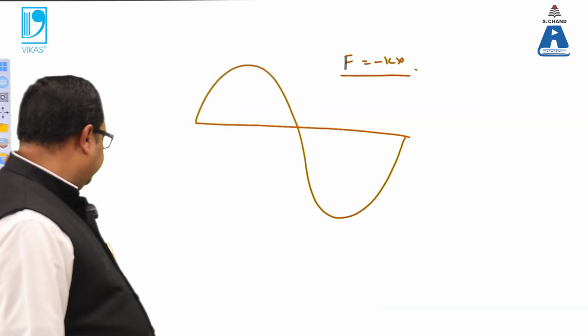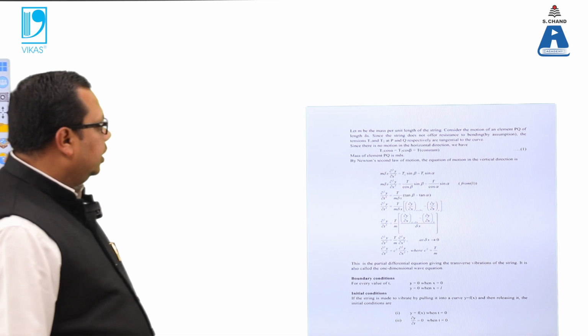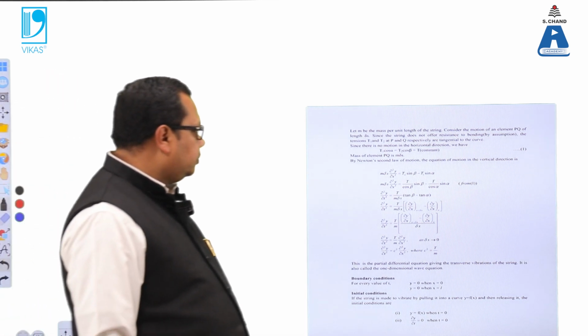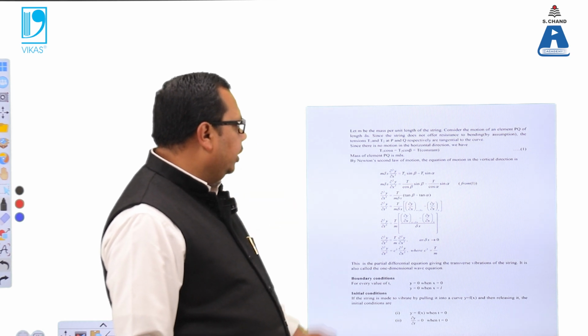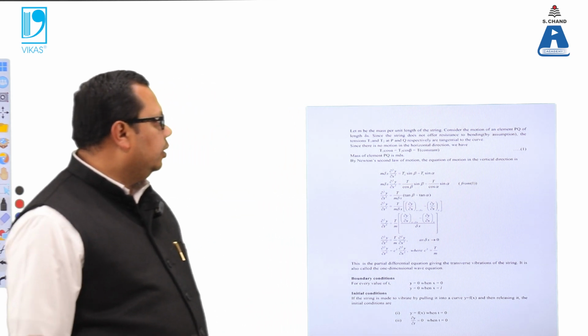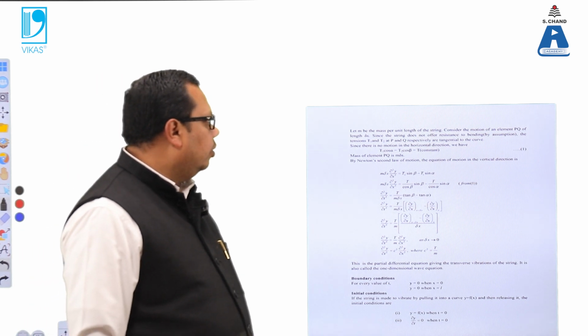So here we start the calculation. The calculation is basically d2y by dx square. Now T1 and T2 are the two particular values.